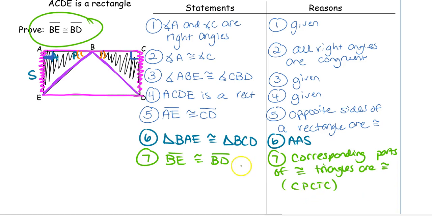CPCTC is used to show pieces of a triangle are congruent only after you've proven the triangles congruent. So you will never see CPCTC as a reason in a proof until you have seen one of your three-letter postulates proving the triangles congruent. That is very important to take away from our CPCTC proofs. And that is it.